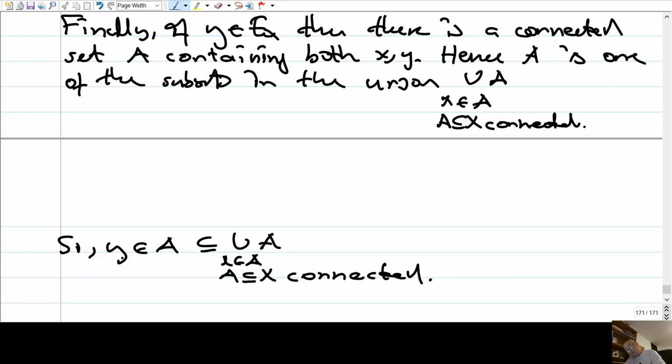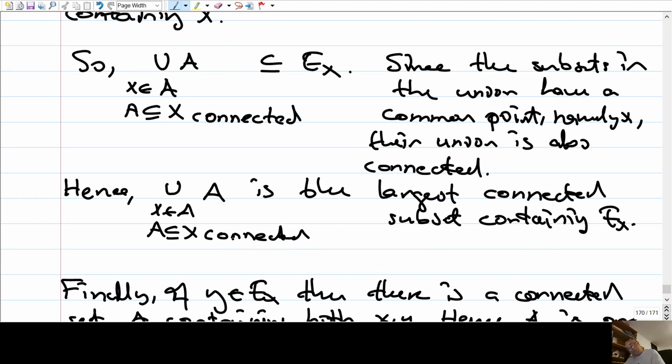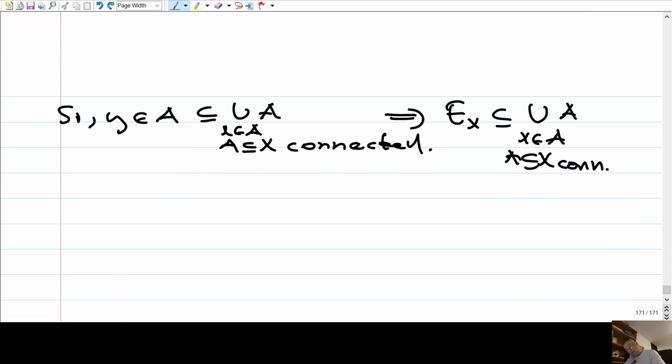But this means what? Y is an arbitrary point in EX, right? It's an arbitrary point. Therefore, EX lies inside this union. But this union was already in EX. Thus EX is just this.